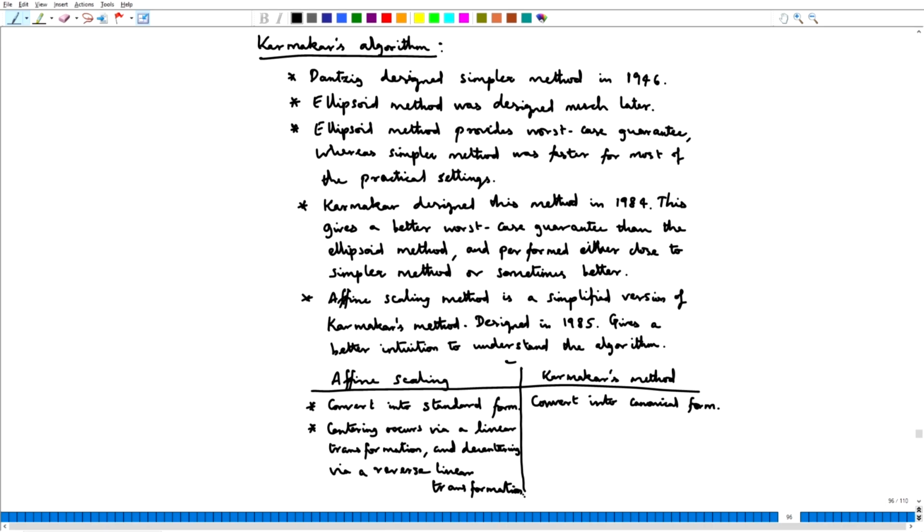Here, centering occurs via a projective transformation and decentering via a reverse projective transformation.